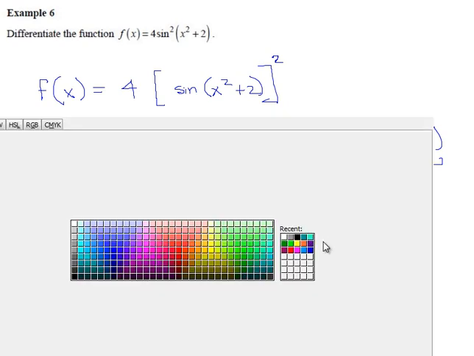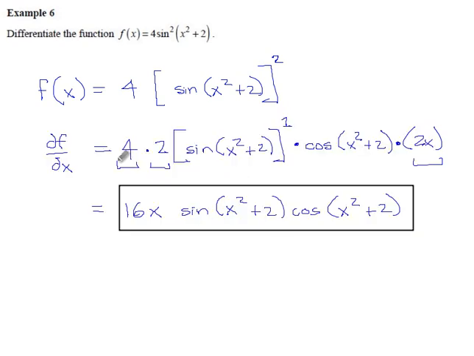there is a trig identity called the double angle formula, or the double angle identity, which says this. It says that if you have 2 sine something, cosine of the same something, that is equivalent to the sine of 2 times the something.